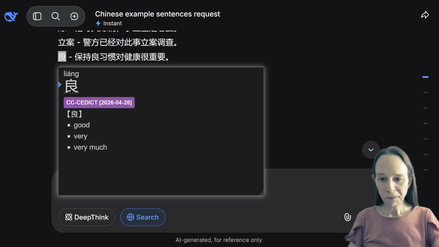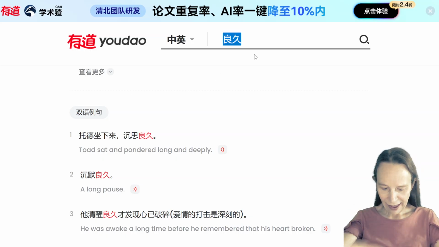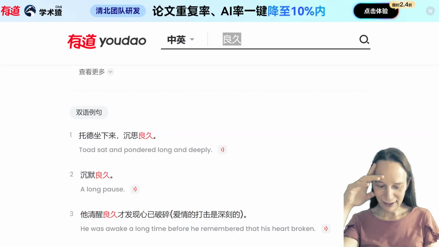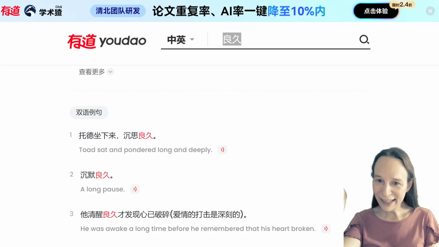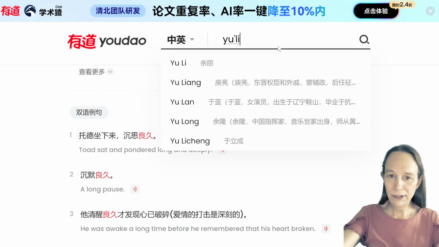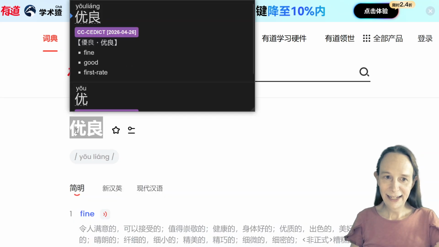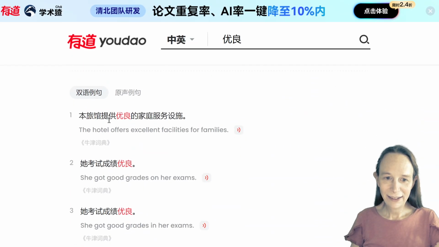What else? So usually the antonym of 良 is 恶. Dictionary definition number 1, adjective meaning 好. It's literally defined as 好. 优良, 良药. 优良的家庭, good families. 成绩优良, good grades.